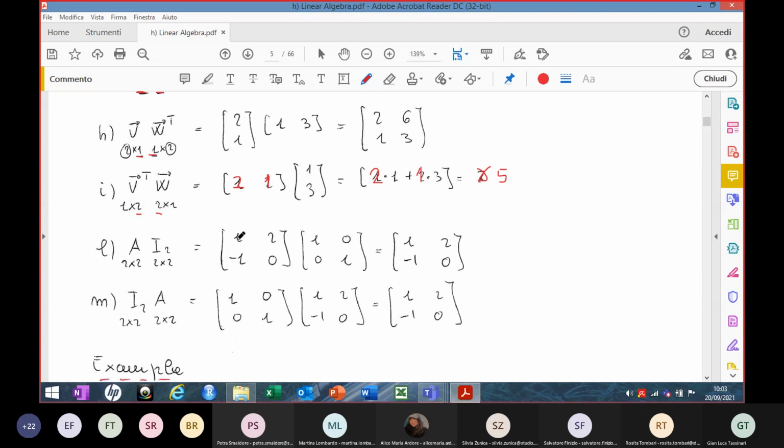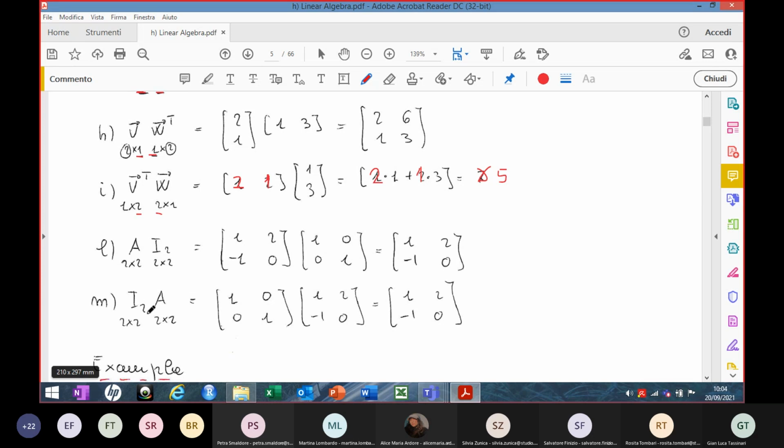Now we exhausted all the operations involving the first row. Go to the second one and start again. Second row times first column. Minus 1 times 1 is minus 1, plus 0 times 0, 0, so minus 1. Now, last operation, this row times this column. Minus 1 times 0 is 0, plus 0 times 1 is 0, so 0. And as you see, this matrix is exactly equal to A.